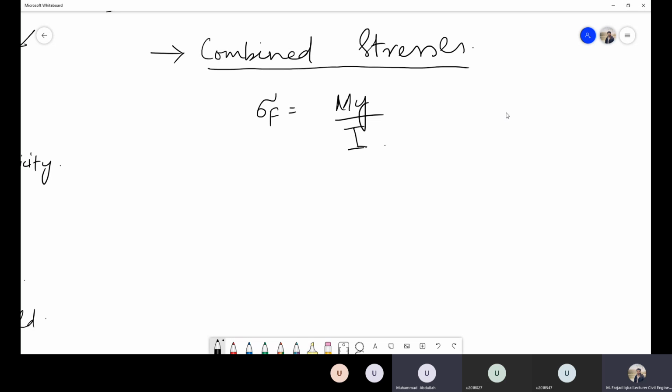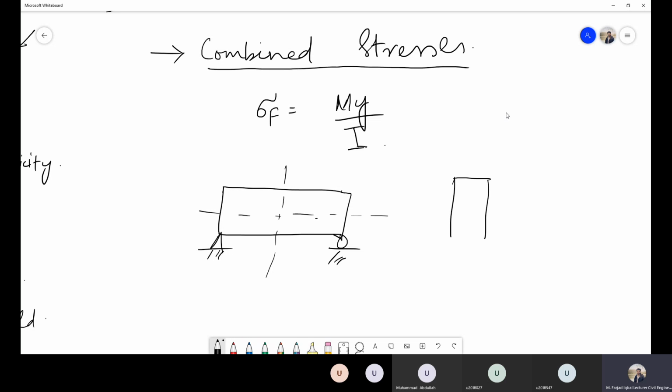How can it be a combination? For example, let's say this is a beam. This is the centroidal axis. These are the supports of this beam. If I cut the section from this axis, this is the section.